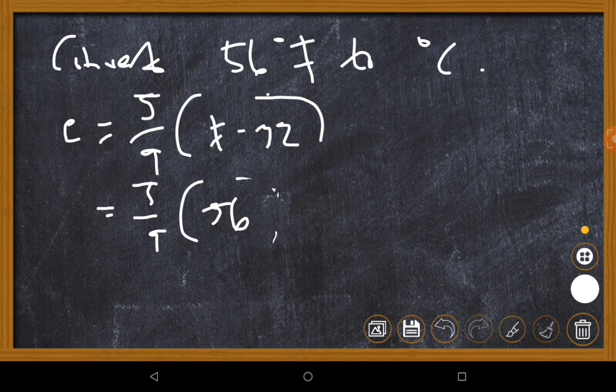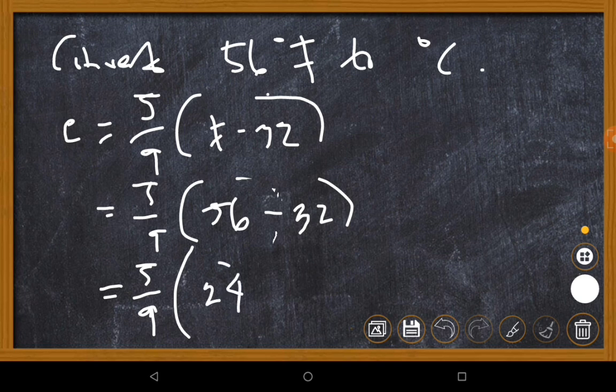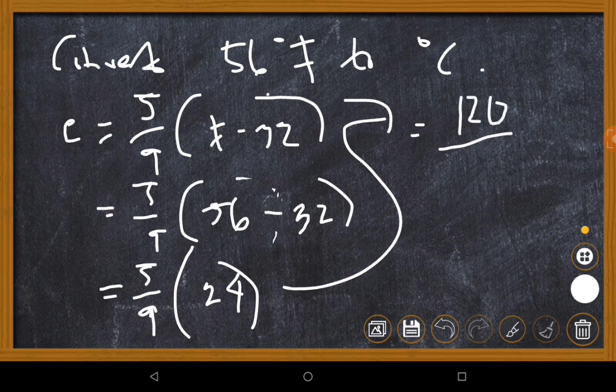So 56 minus 32 is equal to 24. Now 5 over 9 times 24, 24 times 5 would be 120 over 9.